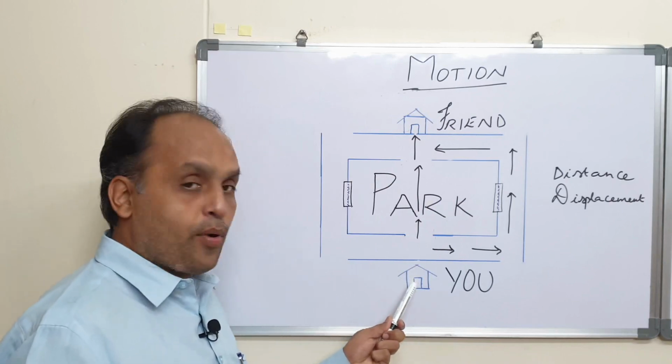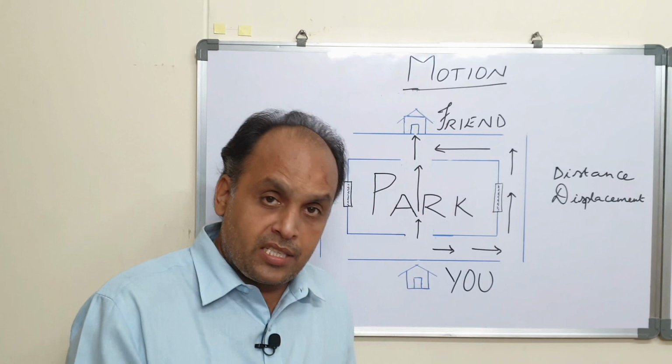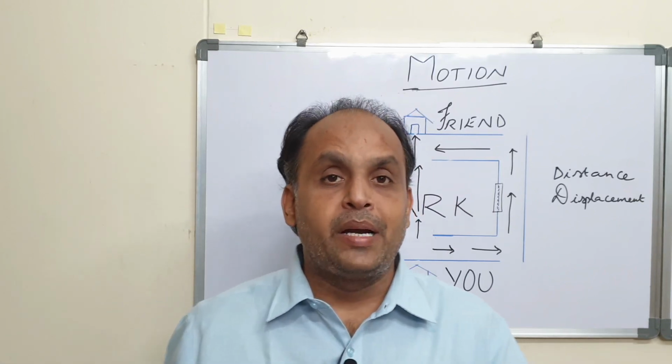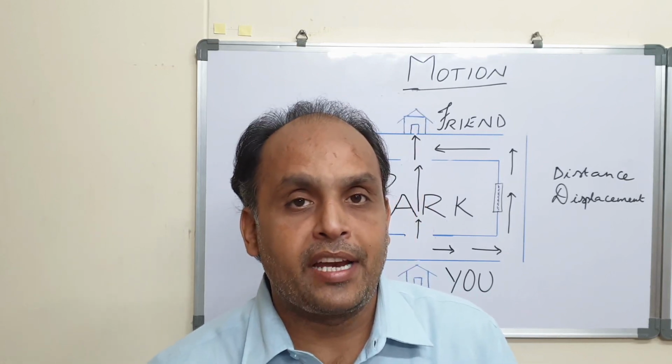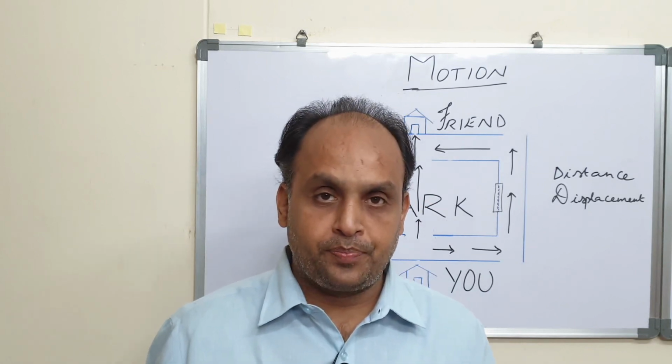This is the initial point, this is the final point. So the shortest distance covered by a body between the initial and final points and in a particular direction is what we call displacement.